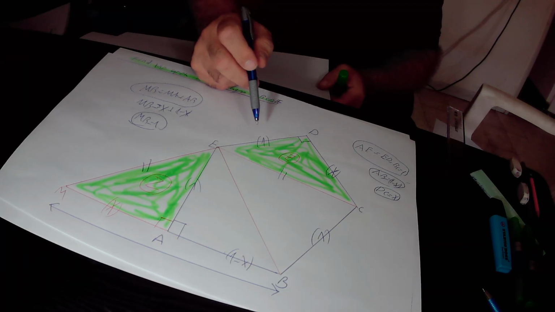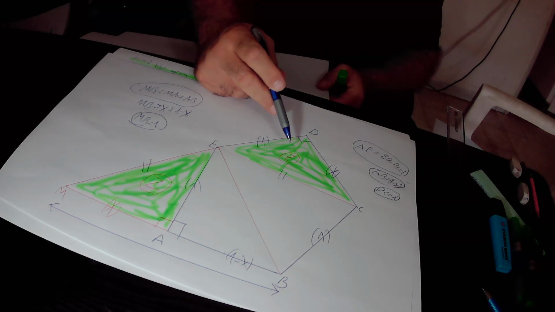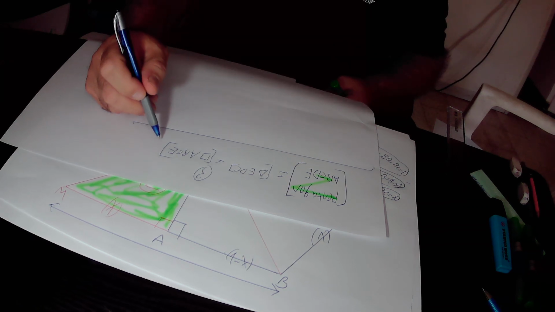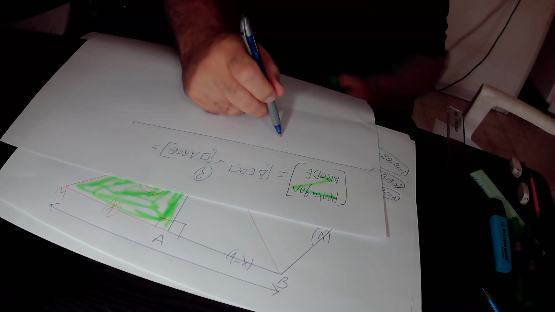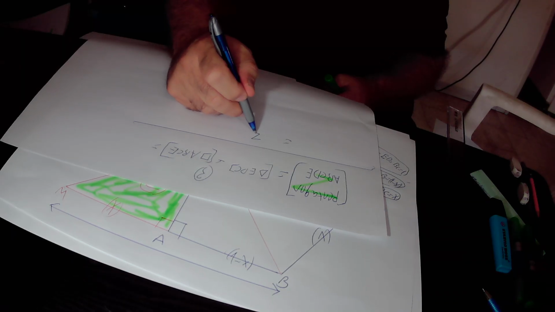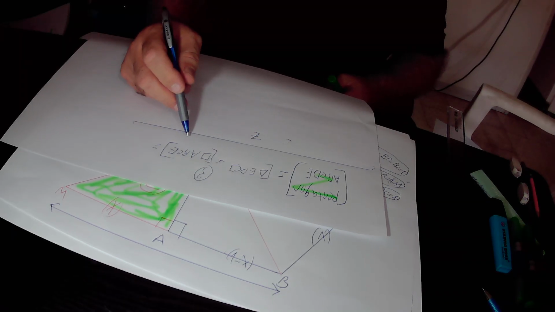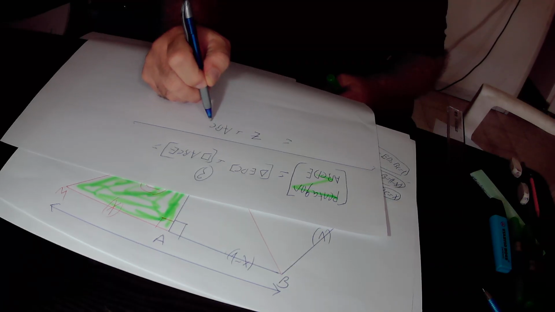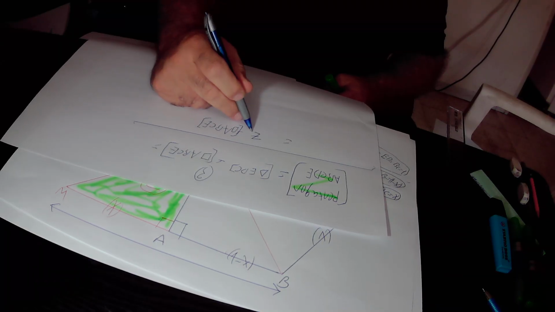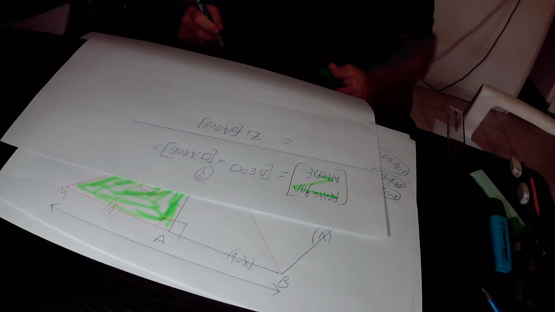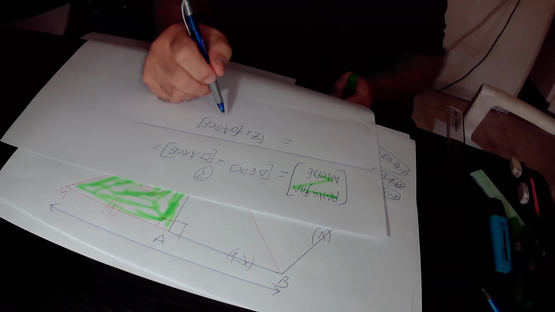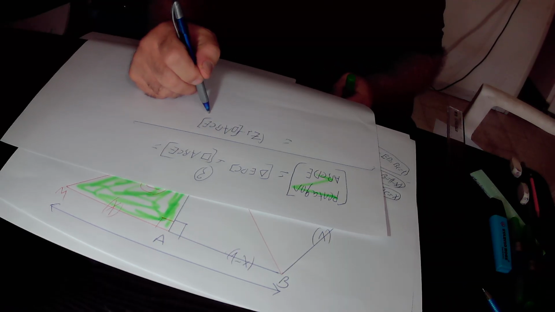So we can substitute the area of this green triangle EDC by Z, plus the area of quadrilateral ABCE. So we found that the area of the pentagon ABCDE equals Z plus the area of quadrilateral ABCE.